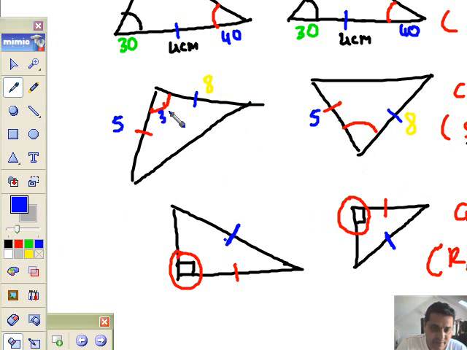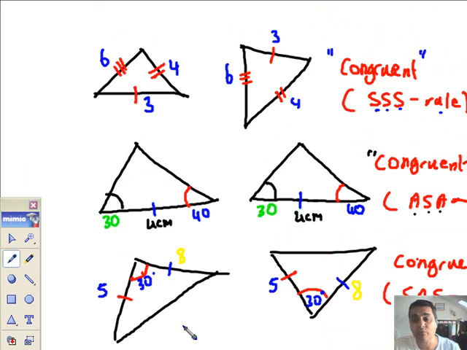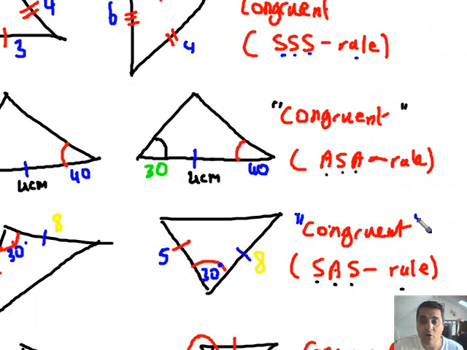So this could have been, say, 30 degrees, and this has to be 30 degrees as well. So what have we got? We've got a 5 centimeter line and an 8 centimeter line, and it spans a 30 degree angle. If it's exactly the same on the other triangle, no matter how it's drawn, whether it's been rotated or inverted or reflected, makes no difference. If you can see this congruency apply, then the two triangles are identical or congruent. So it's the side angle side rule.